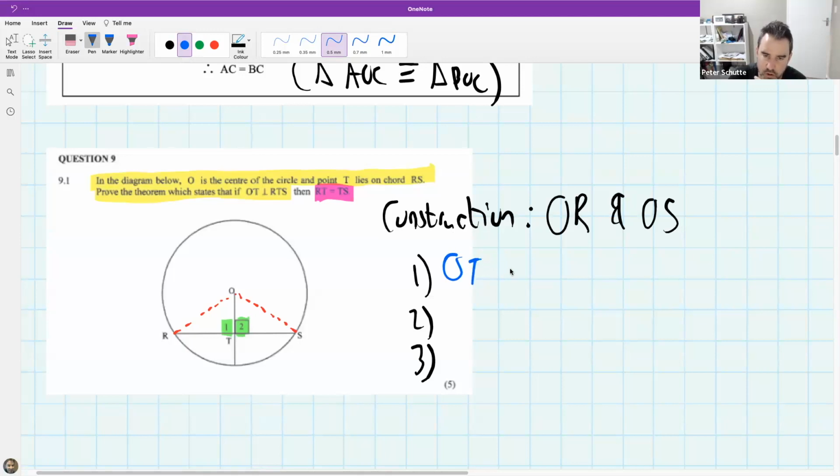And I agree, Fatejo, OT is common. So I'm going to do that. And I'm even going to highlight it for you so you can see that. OT is common. What else is in play here? I think that OR is equal to OS because of radii.